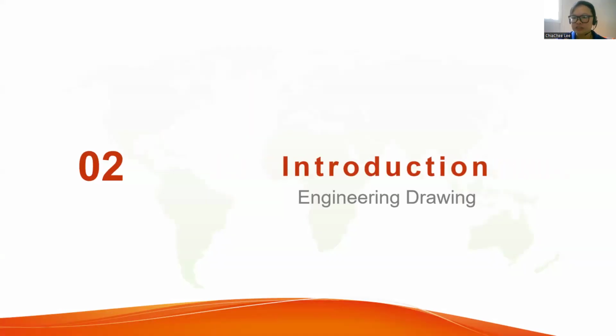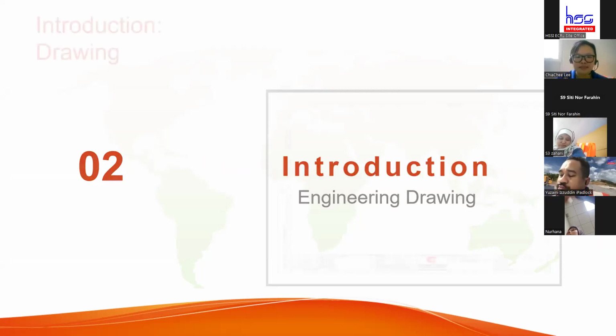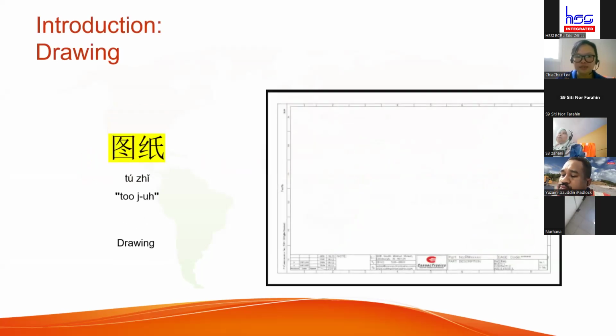Today's topic is engineering drawing. Basic measurement will play a part in reading drawings. First we understand what drawing is. Drawing generally can be referred to as the drawing, the diagram itself, or the paper.